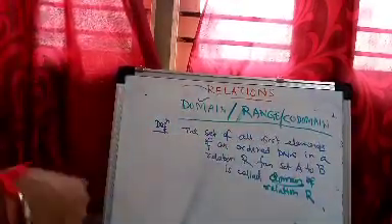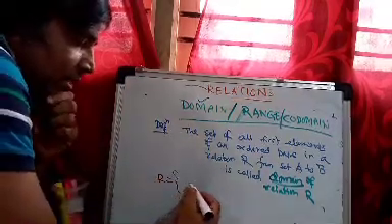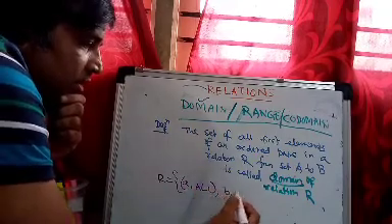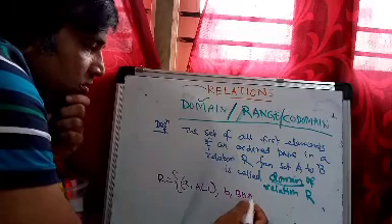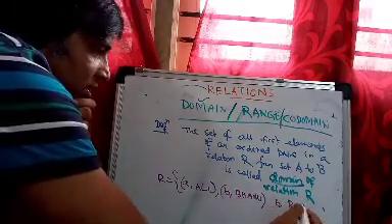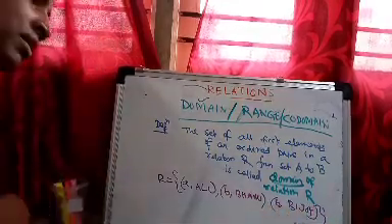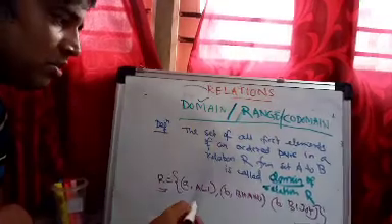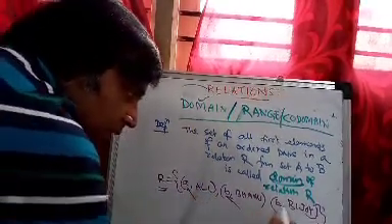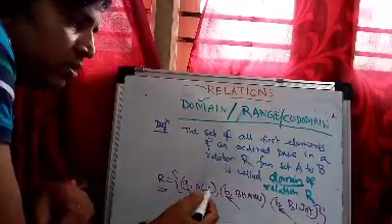Suppose I have created a relation. Like earlier we created A is Ali, B is Bhanu, Bijay. I just created a subset. Suppose this is my subset, this is a relation. So all first elements: A, B, here also B. So A and B are the first elements of the ordered pairs, right?